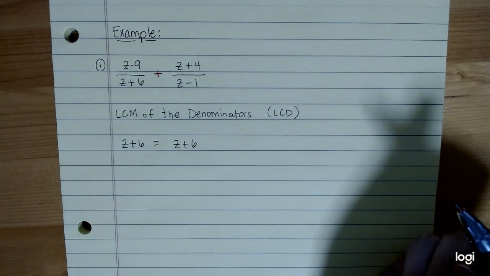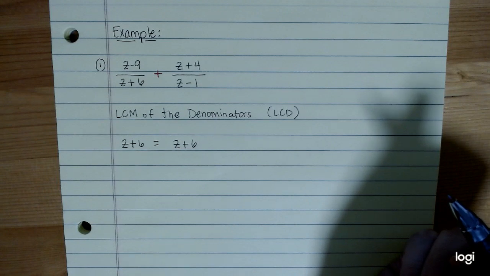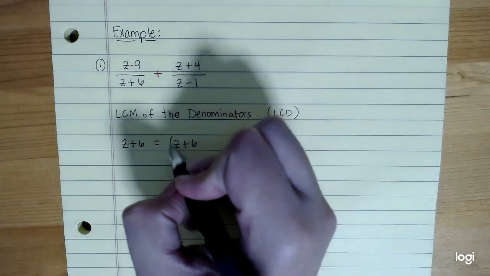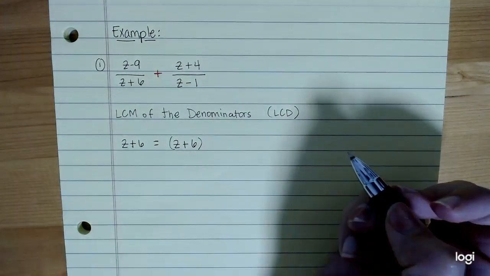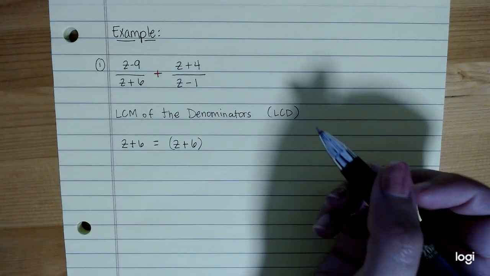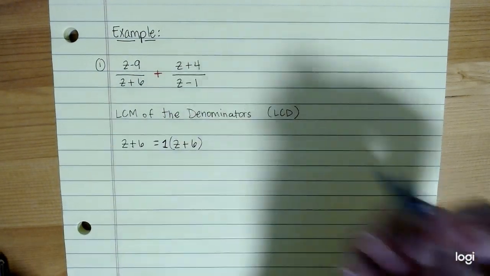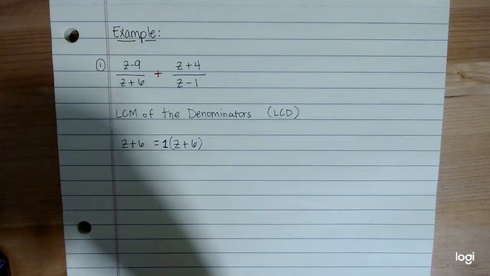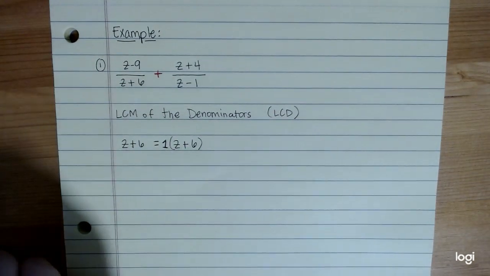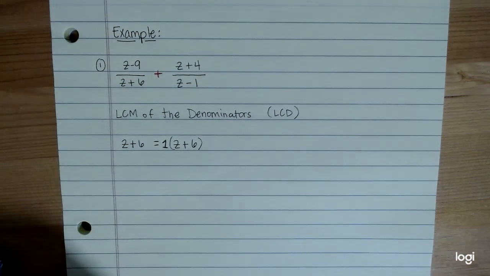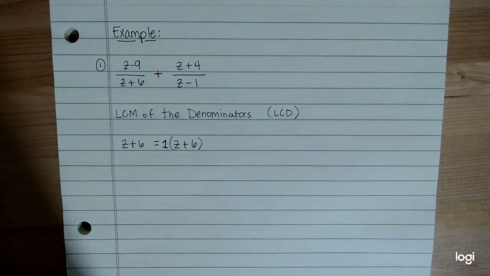It doesn't get any more factored than that. So it simply is a factor of z plus 6, and you can even put it in parentheses if it makes you more comfortable, and you can even write out a positive 1 out in front of it, right? So if you've got to make it look like a product, there it is. It's 1 times the quantity of z plus 6, or just z plus 6.